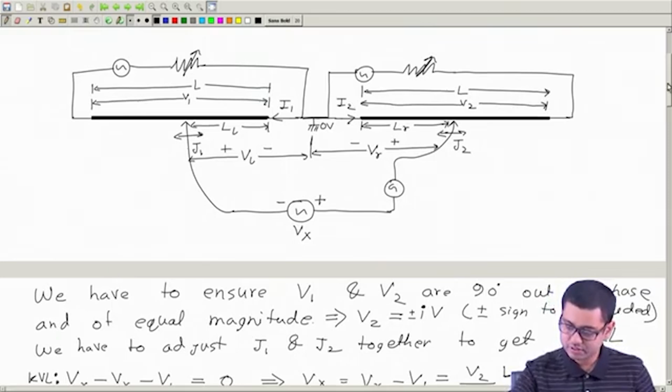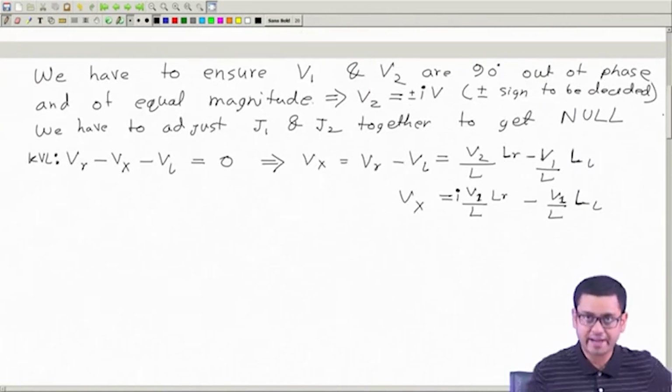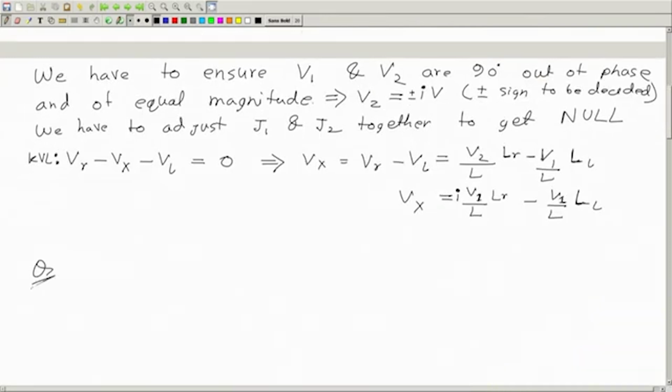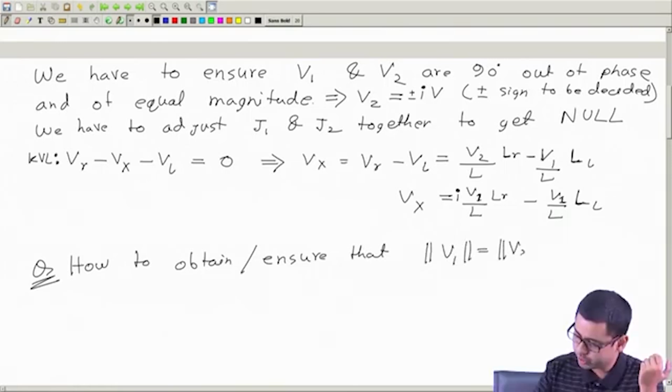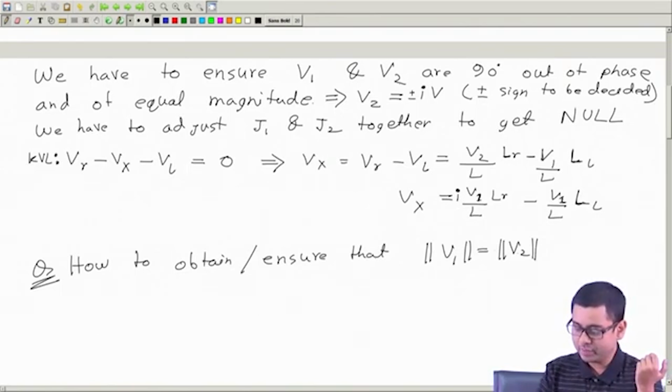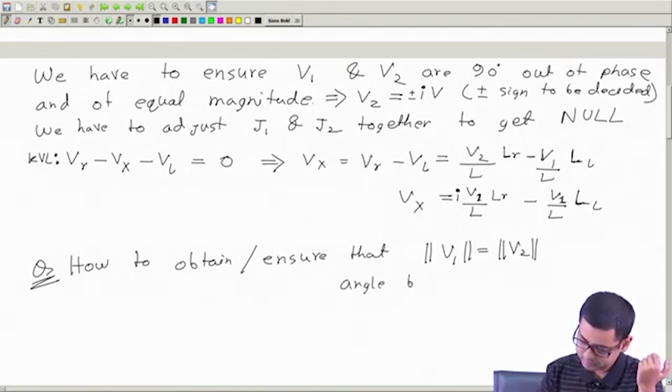If you have understood, then let us proceed and ask how to ensure or how to obtain or ensure that the magnitude of V1 is same as the magnitude of V2 and the angle between V1 and V2 is 90 degree.